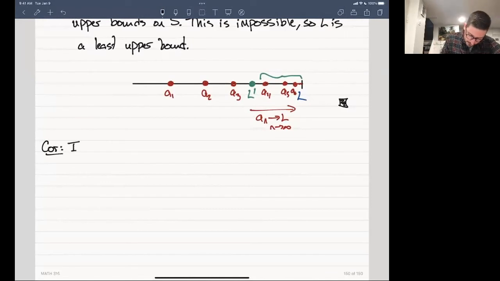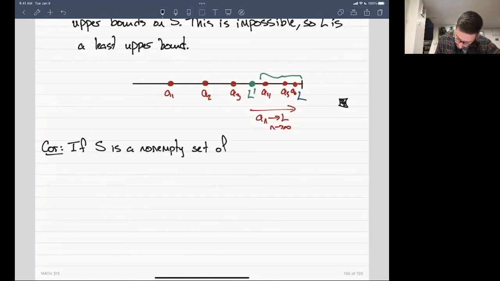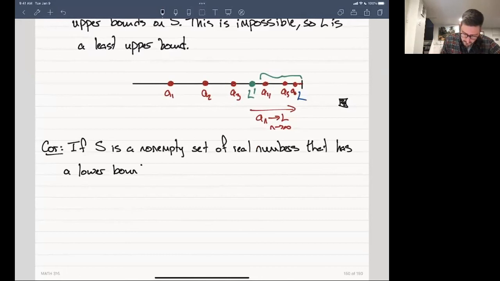It says that if S is a non-empty set of real numbers that has a lower bound, then S has a greatest lower bound.